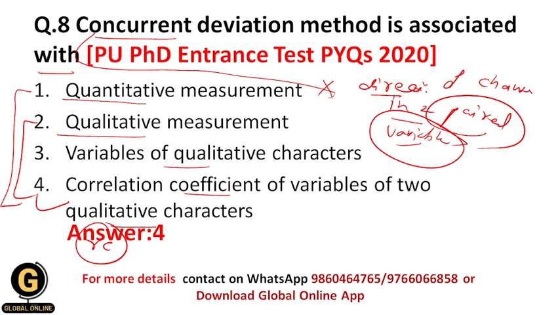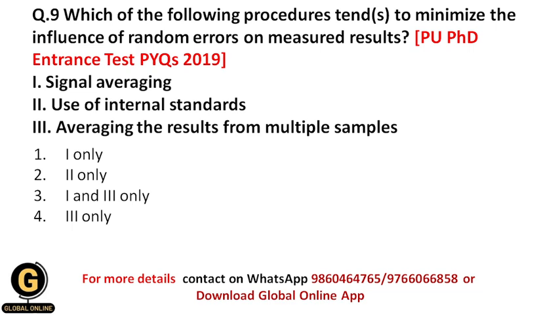Qualitative characters because you are studying the direction of change, and correlation coefficient of variables because here there are two paired variables. Okay, which of the following procedures tends to minimize the influence of random errors on measured results?